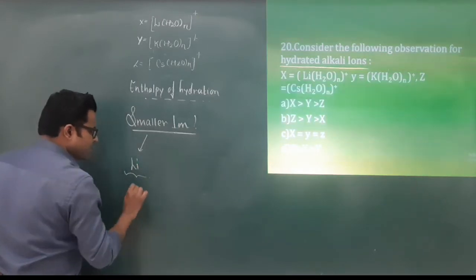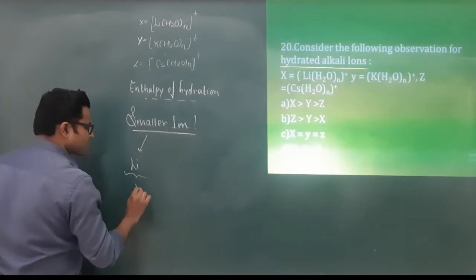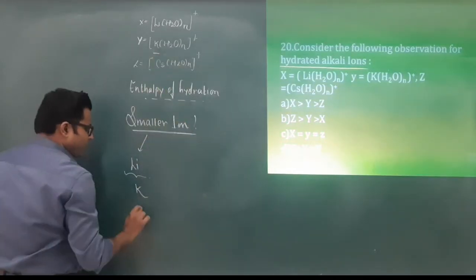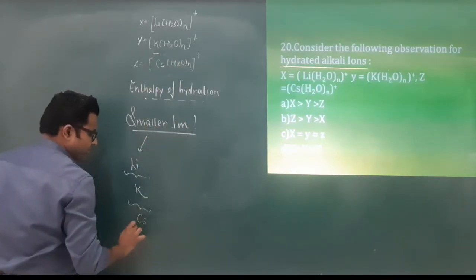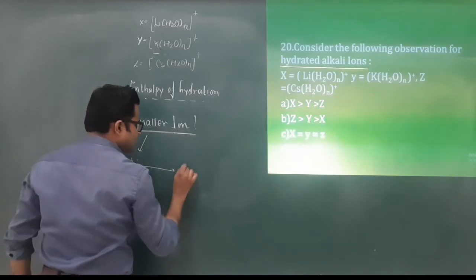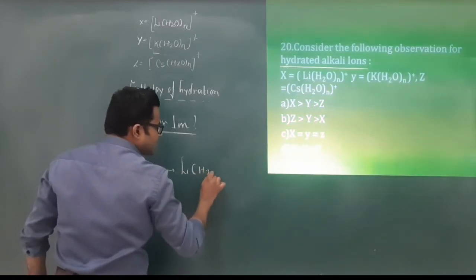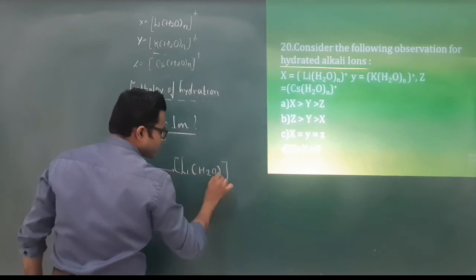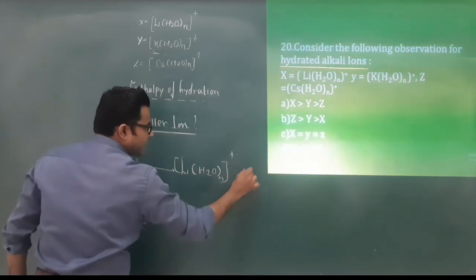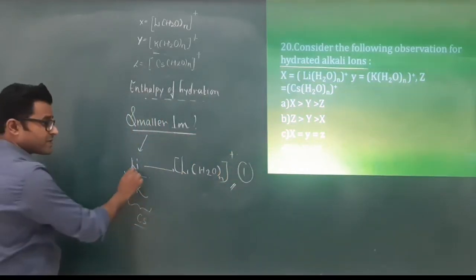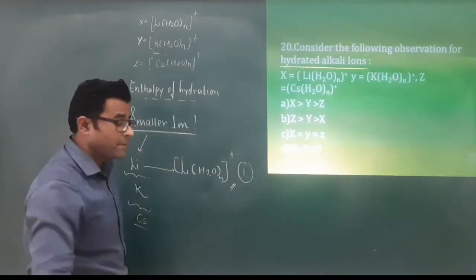After lithium, it is potassium which is smaller. Finally comes cesium. So lithium, which is forming lithium hydrate, stands first because of its higher hydration enthalpy.